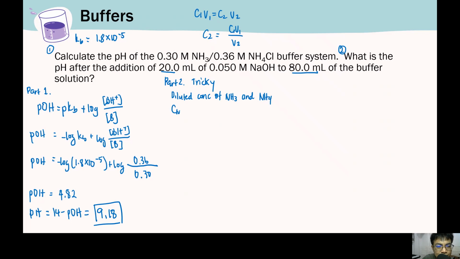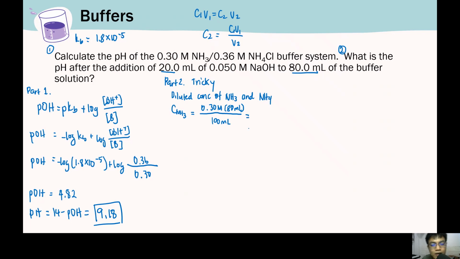So the concentration of ammonia is equal to its original concentration, which is 0.30 molar, times the volume initial, let's say that's 80 ml, divided by the total volume, which is 100. Bakit ito naging 100? Kasi you added 20 ml of the solution into your 80 ml solution. So 80 plus 20, 100.